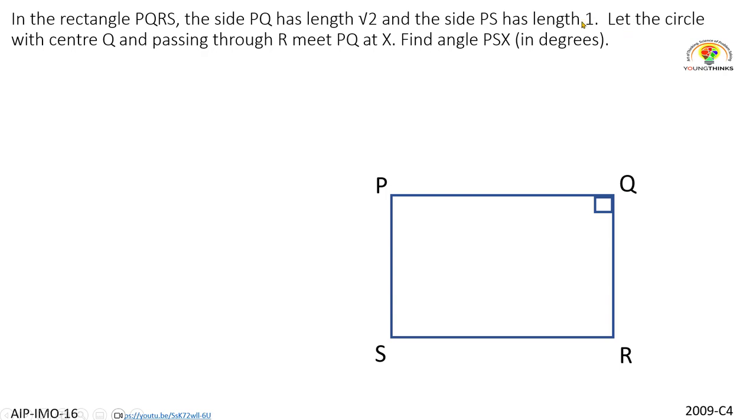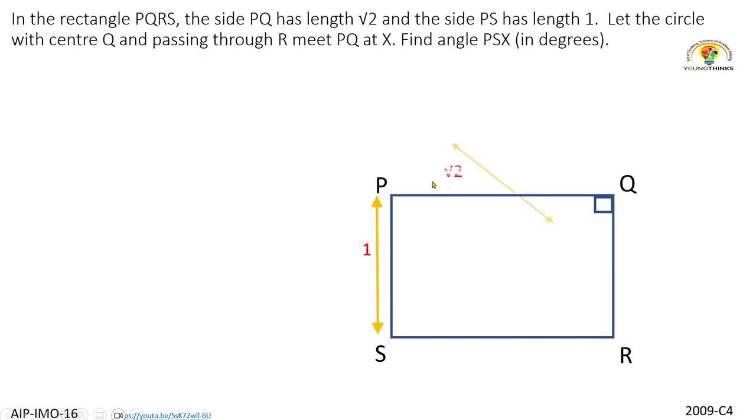Let the circle with the center Q and passing through R meet the PQ at X. So we'll make a circle with the center Q and it is passing through R. So the circle is centered at Q and it is going to pass through R. And it meets PQ at point X. So this is how the circle will look like.